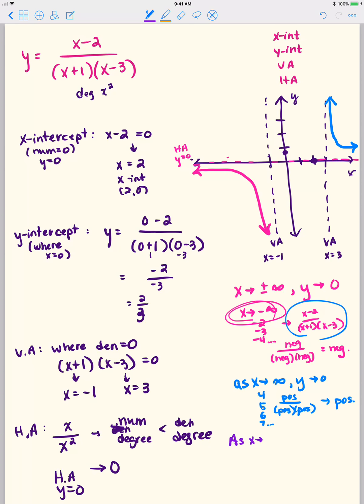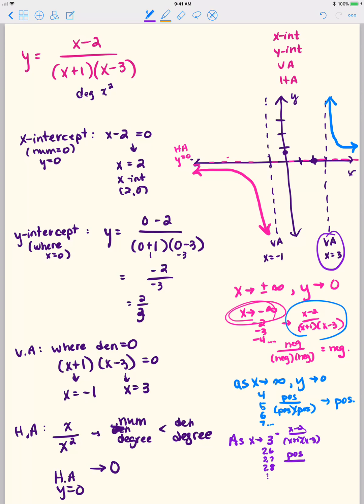So if we look as the function tries to go to this vertical asymptote of 3, it's going to be from the left, correct? Because we're on the left, we want to look at what the function does to the left side of 3. So if we try to look as the function goes to 3 from the left, that's going to include numbers like 2.6, 2.7, 2.8, and so on. And if we look at what those do in x minus 2 over x plus 1 times x minus 3, the top, 2.6 minus 2, 2.7 minus 2, will be positive.